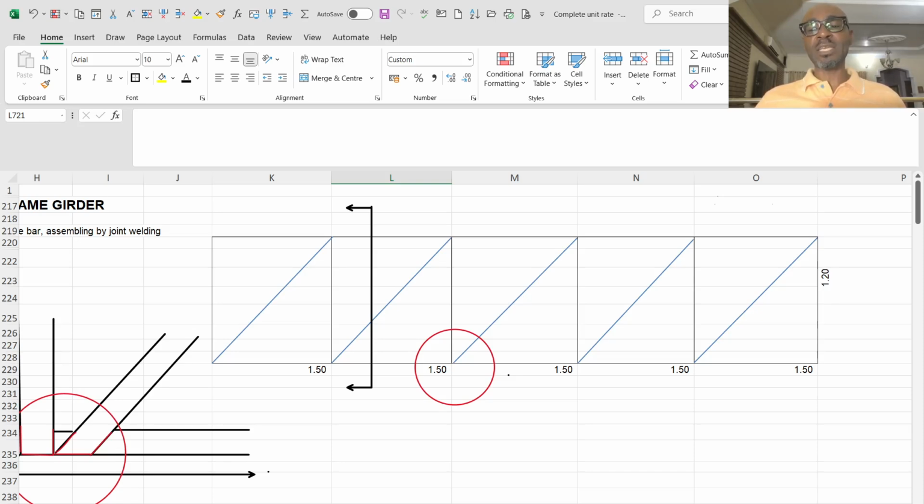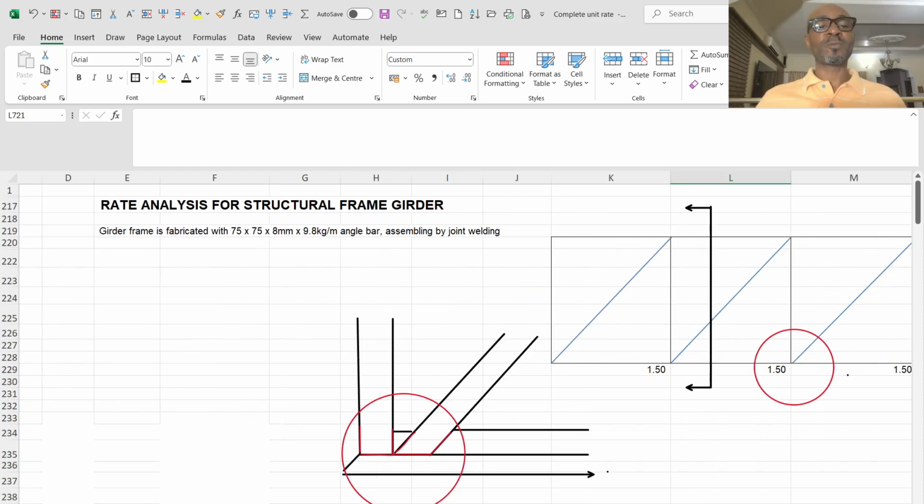And as you can see on my screen, I did a simple sketch of a girder beam that is fabricated using a 75 by 75 angle bar by 8 mm thick, and the weight per meter is 8.9 kg per meter, and the jointing is welding.